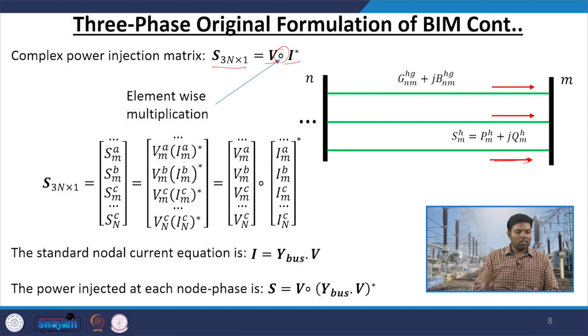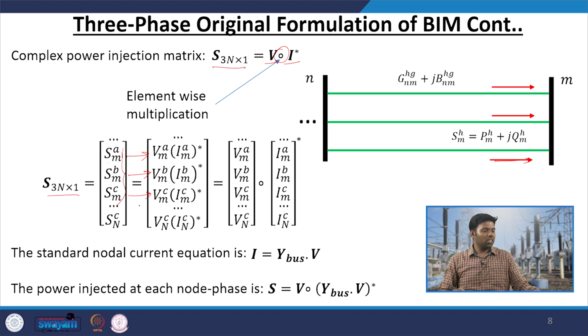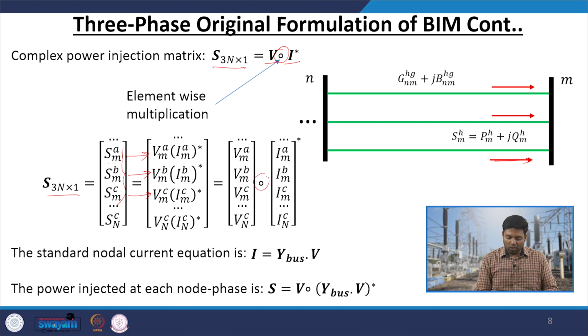So, if we expand this equation, this is the power for the bus m, three phases. You will have S_m^a equals V_a into I_a star, S_b equals V_b into I_b star, and S_c equals V_c into I_c star. So, that is why we do it as an element-wise multiplication.